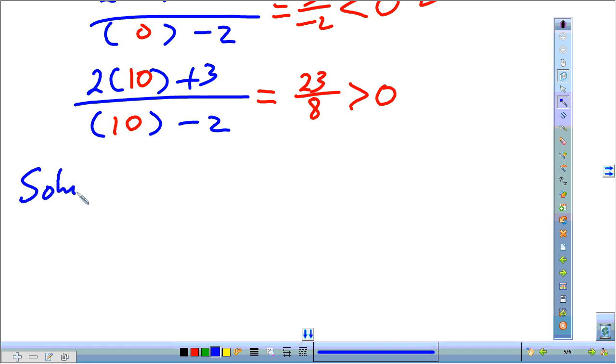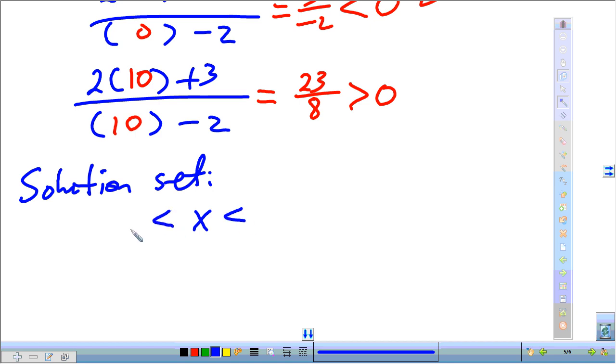So our solution set, well, we have x on the interval from minus 3 halves to 2. And then we have to put any solution, because it was less than or equal, any solution to equal, which was just the one endpoint minus 3 halves. 2 was not an equality solution, it was that discontinuity where we divided by 0.